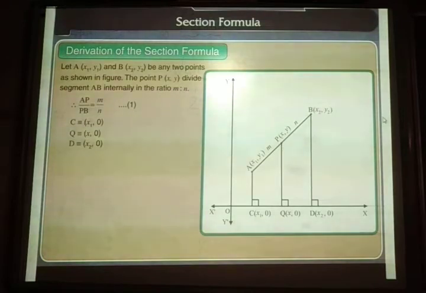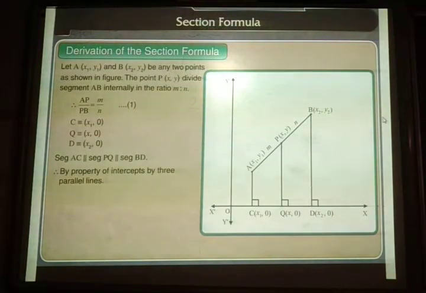Since segments perpendicular to the same line are parallel to each other, segment AC, segment PQ and segment BD are parallel to each other. Therefore, by property of intercepts by three parallel lines, CQ upon QD is equal to AP upon PB. But AP upon PB is equal to m upon n.